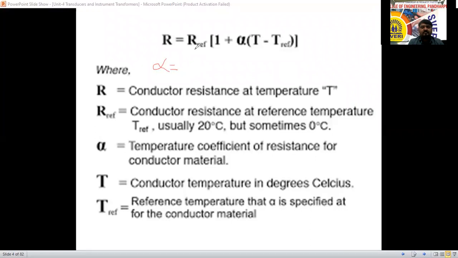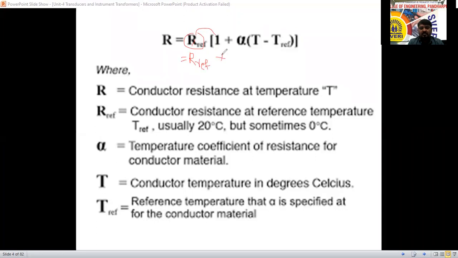So see here, this R reference we have kept outside. So you have taken common here now. You send it inside this bracket here now. So R reference into 1, that is called R reference, the reference voltage or initial value, plus alpha into (T minus T reference).